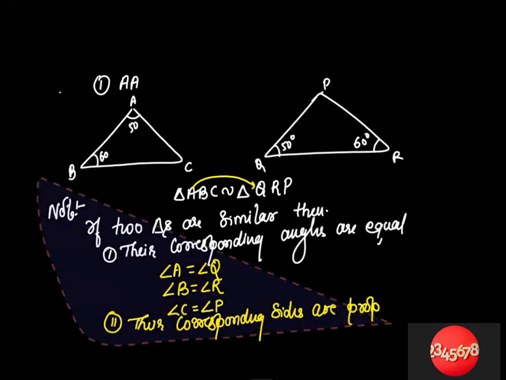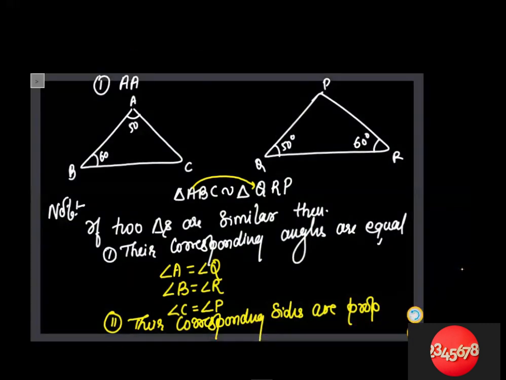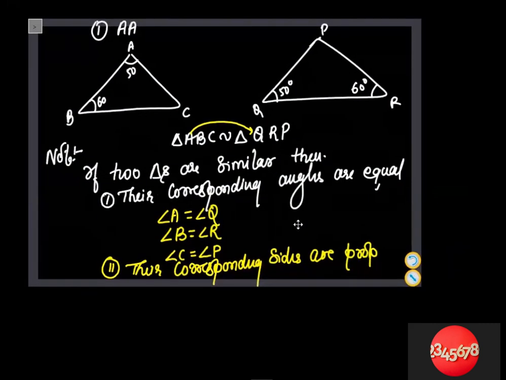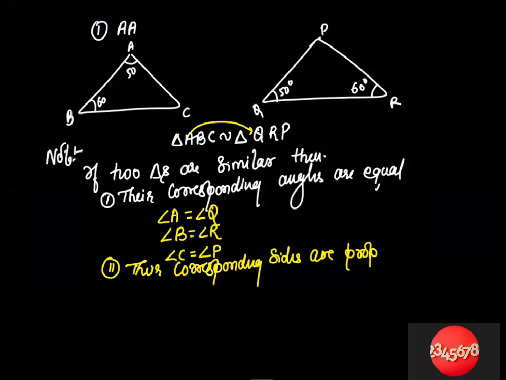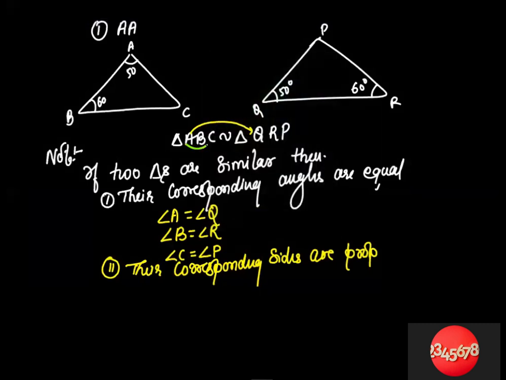Either we copy them, write them from the figure, or you write them from the name that you have written. I'm using the name. Let's see. First name, first side is AB. So AB upon QR. BC upon what? RP. Or AC upon QP.